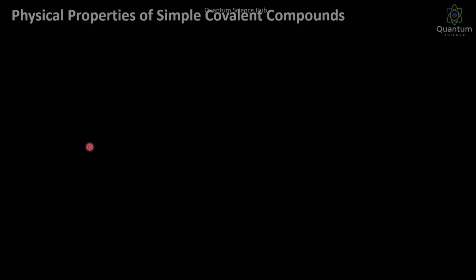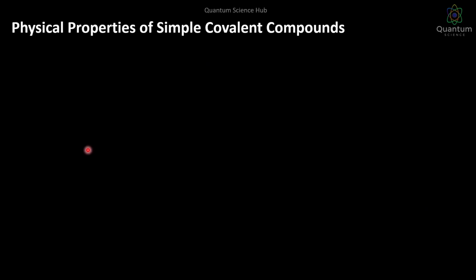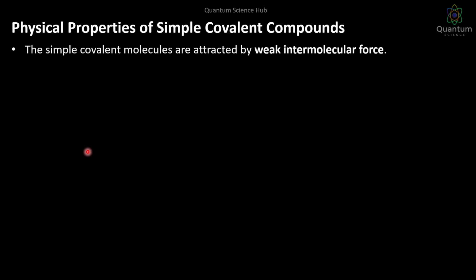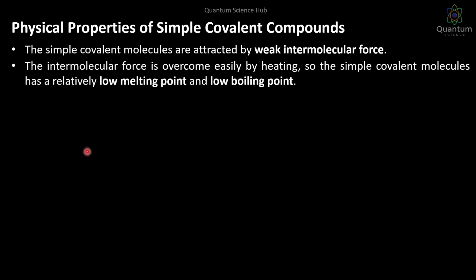Now let's talk about the physical properties of simple covalent compounds. The simple covalent molecules are attracted by weak intermolecular forces. The intermolecular force is overcome easily by heating, so simple covalent molecules have a relatively low melting point and low boiling point.